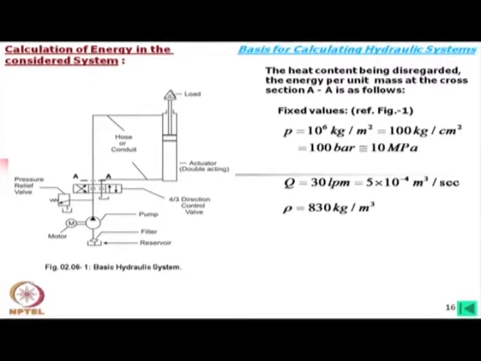Normally, mineral based oil is within 800 to 850 kg per meter cube, but this is a long range I have mentioned. This is with some heavy additives 850 kg per meter cube, and maybe 800 is without any additives, and oil of a particular place.